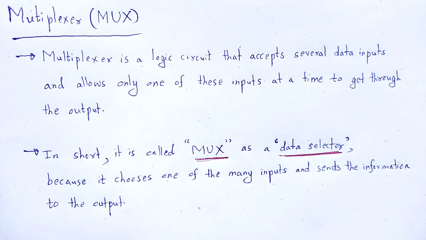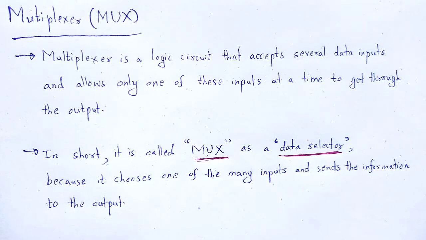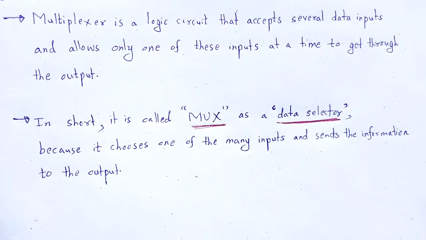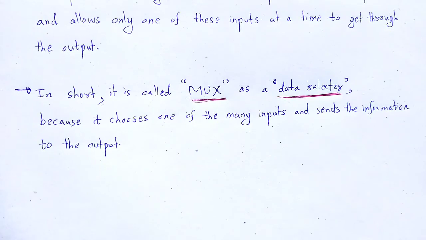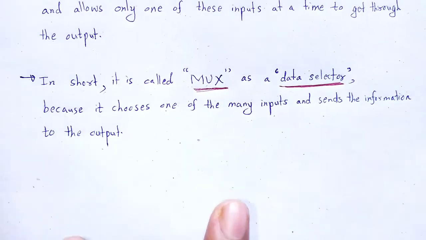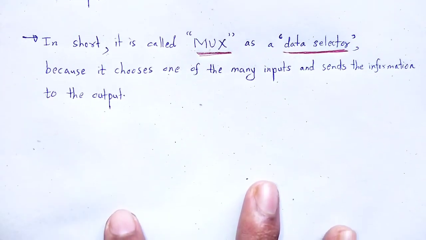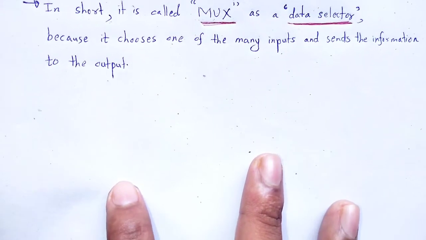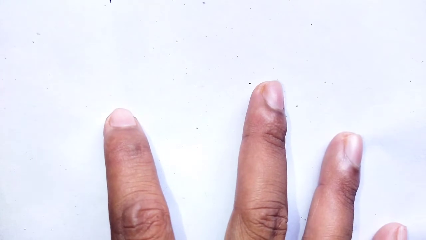When we use the multiplexer in an electrical circuit, to show it diagrammatically, we prefer the block diagram of a multiplexer.